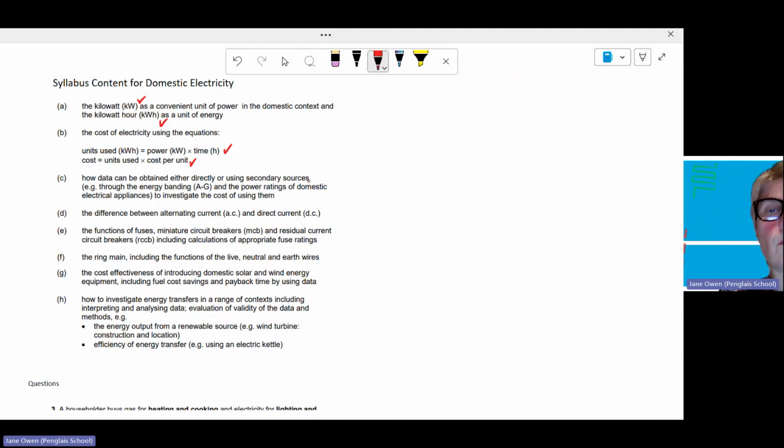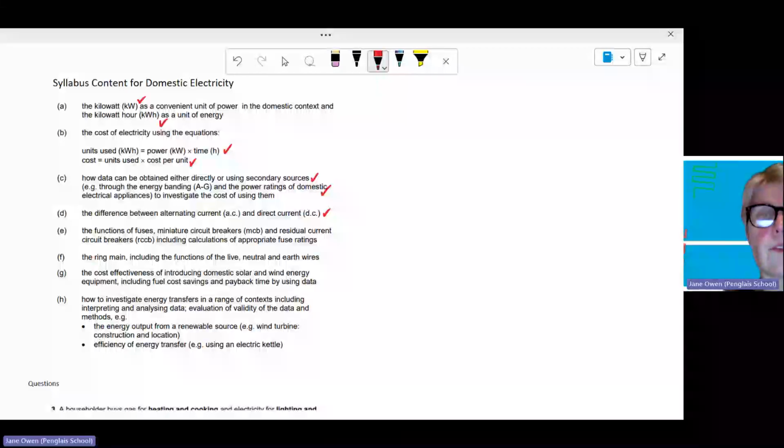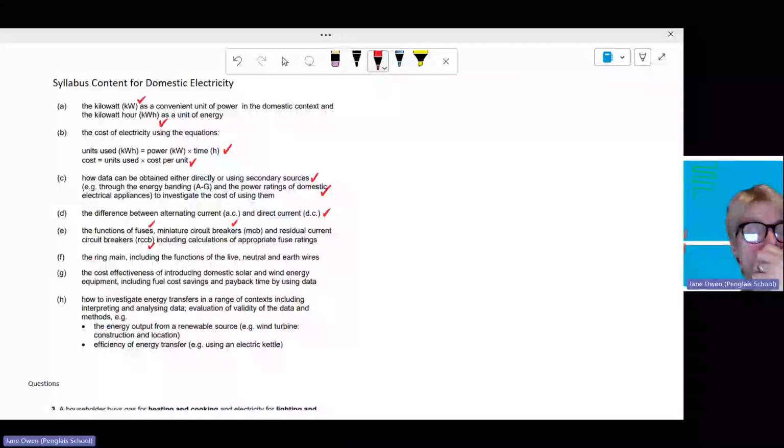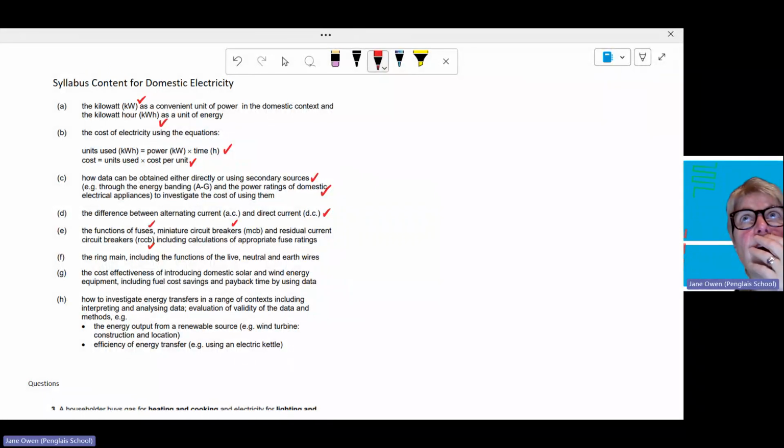Data can be used from secondary sources. So we looked at our washing machine label, and we've looked at power ratings of domestic appliances. Our washing machine was a B rating. We've looked at the difference between AC and DC. We've looked at fuses, circuit breakers, and residual circuit breakers, and really that's preventing fires in the home by preventing too much current flowing in our circuit.